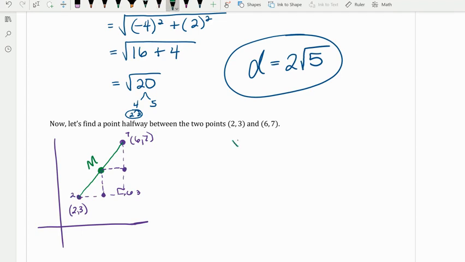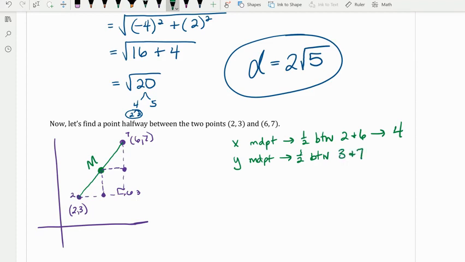Okay, so if I'm looking for that midpoint, we can think through it this way. The x midpoint value would be halfway between 2 and 6. Well, in the middle of 2 and 6 is 4: 2, 3, 4, 5, 6. And then the y midpoint would be halfway between the 2 y values, which were 3 and 7.